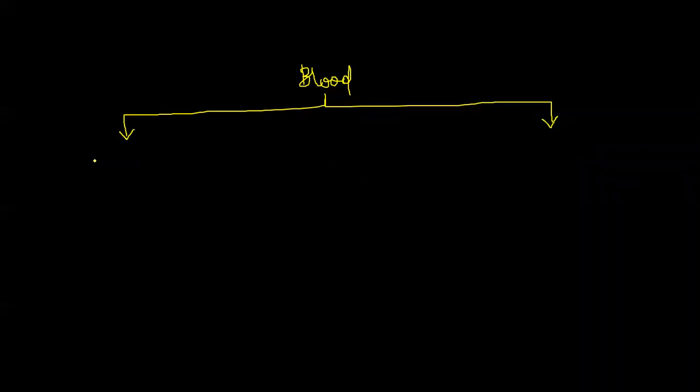The liquid part of the blood is called the plasma, and the second part, the solid components, is the formed elements. So the blood consists of mainly two different parts, that is the plasma and the formed elements.